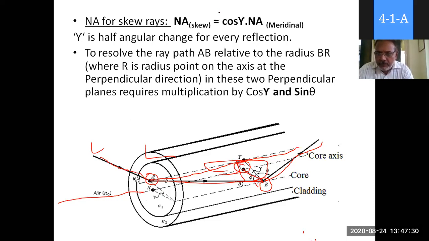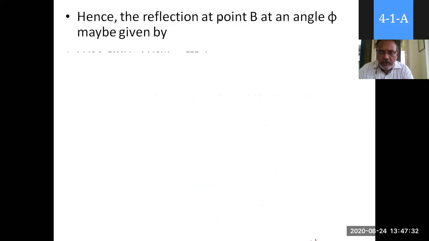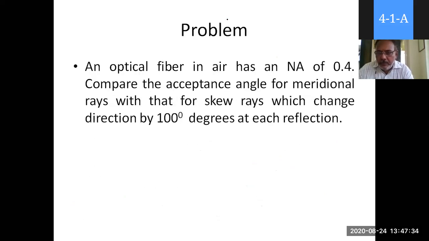The numerical aperture was given. What is the numerical aperture value here? 0.4. What about cos gamma? Gamma is 50. Cos 50 into the numerical aperture value 0.4. That is the new numerical aperture value for skew rays.